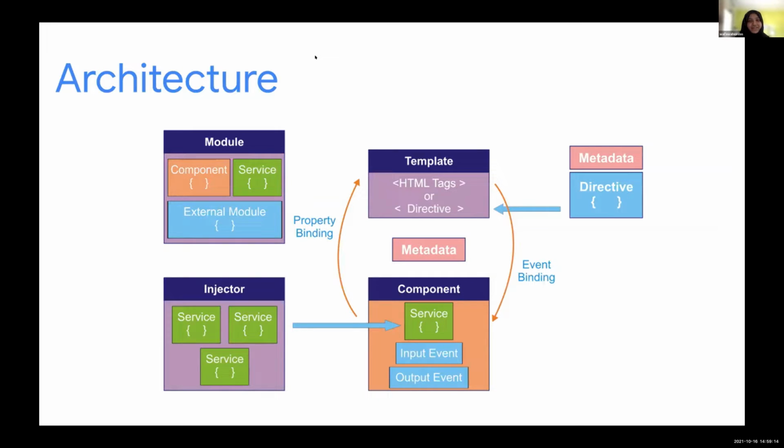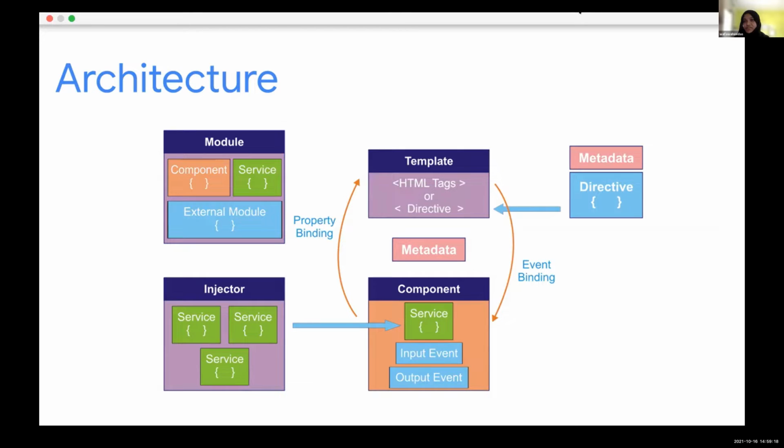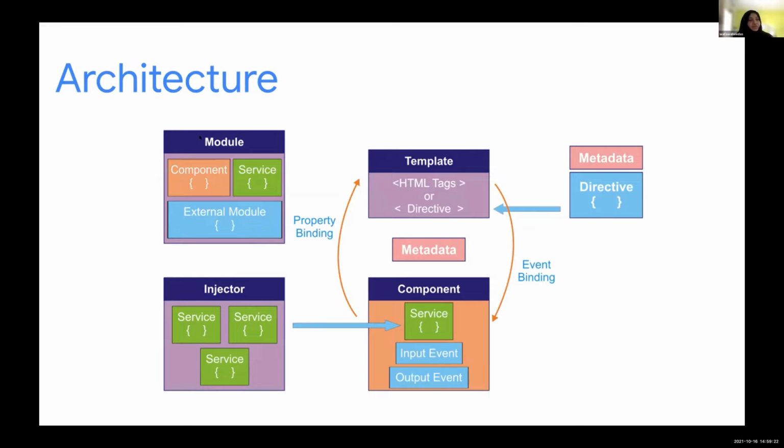So Angular, if you just split up the box of what Angular is made of, how much time do I have? Just a minute. Okay. If you want to look at the architecture of Angular, it's very object oriented. If you can understand modules and components, it uses something called dependency injection to inject services, and it uses event and property binding.